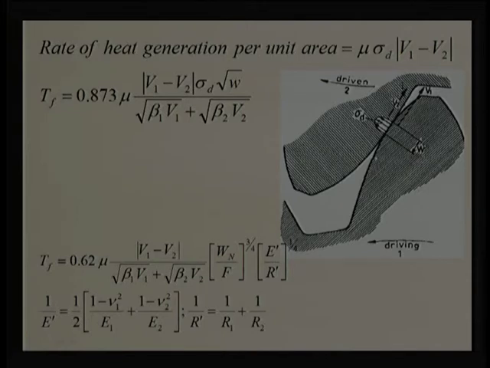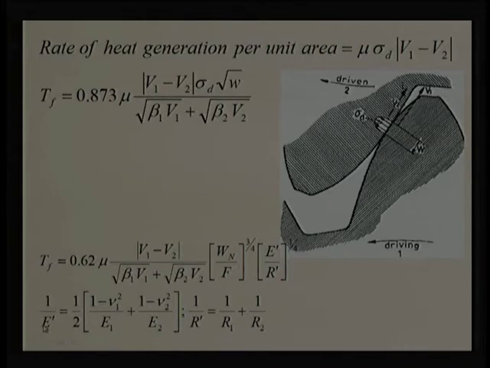You can see there is a convex shape, and we can find out the radius of curvature of this surface. Once we know this radius of curvature, we can find out the effective radius of curvature, that is Ri. Similarly, if we know the material of the gear and pinion, then we can find out Young's modulus, which requires the Poisson ratio of gear material 1 and gear material 2.